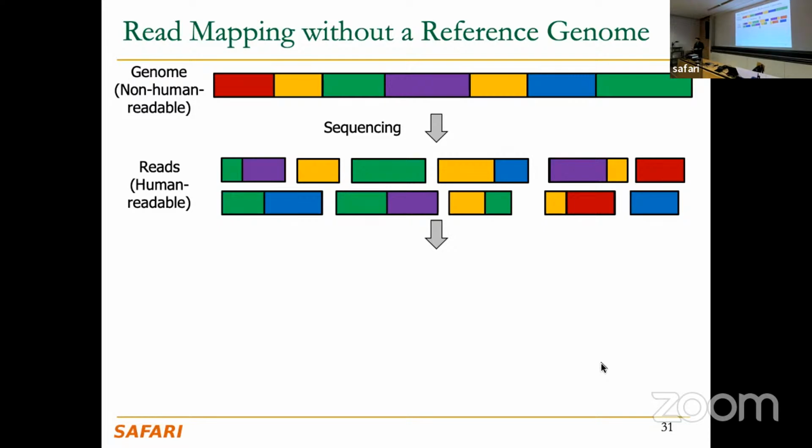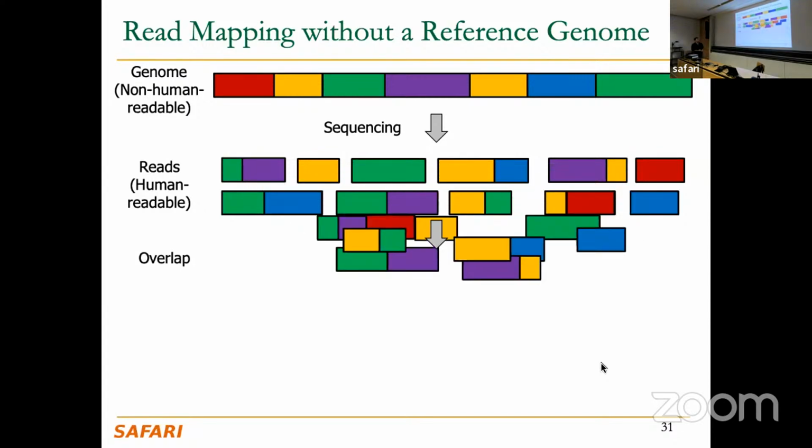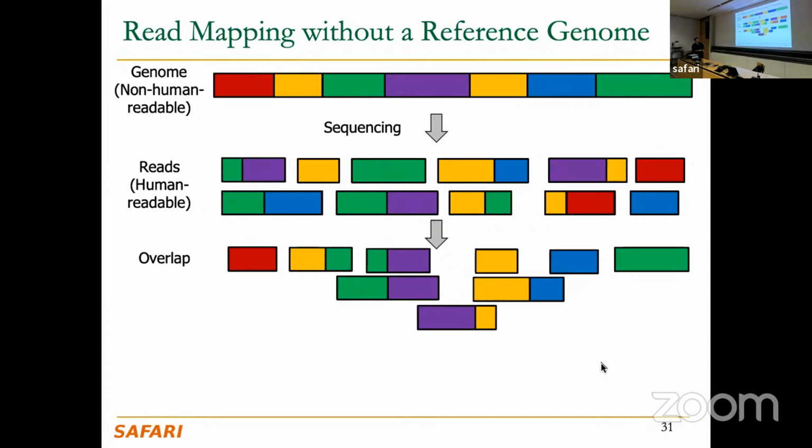And usually a common step to do it is, once you sequence the individual genome and then construct the reads, which are essentially the fragments from the individual, you try to figure out the overlapping regions between reads. You figure out these overlapping regions, or you also look at the reverse complements, basically the other strand information from the individual, and then you construct some overlapping information between reads.